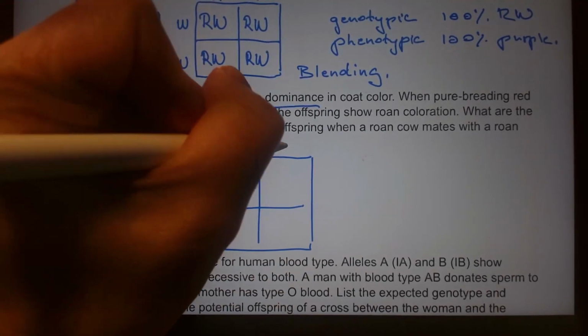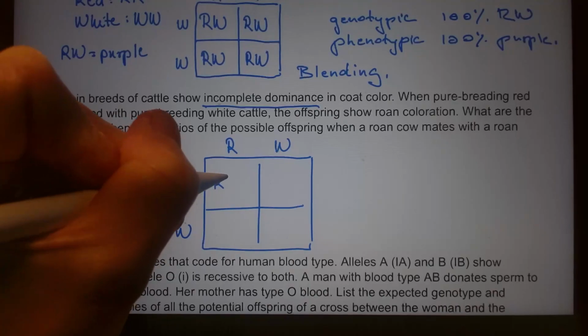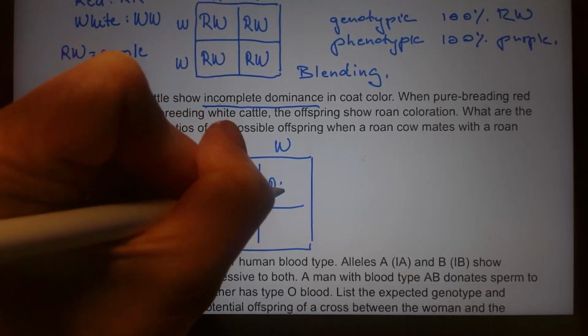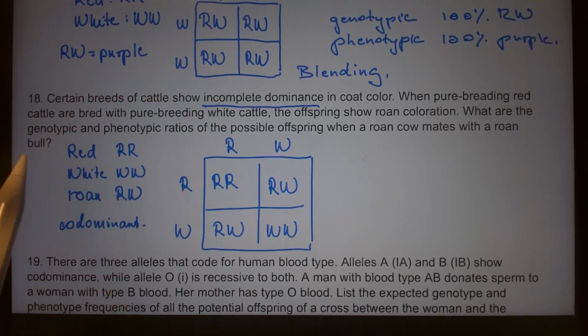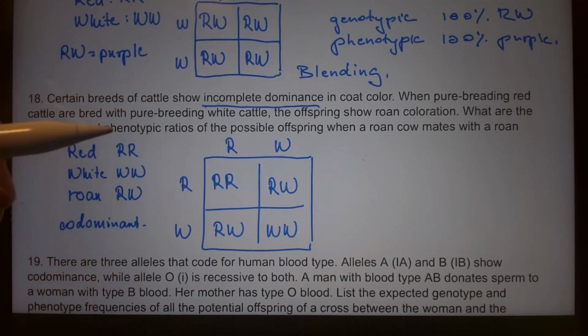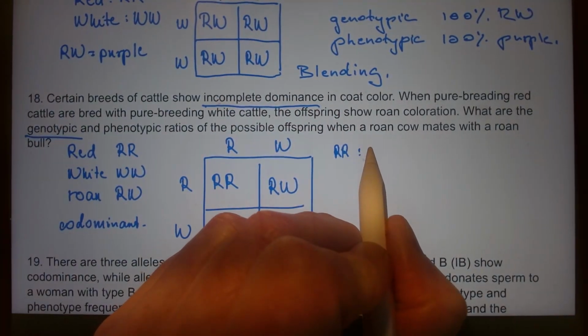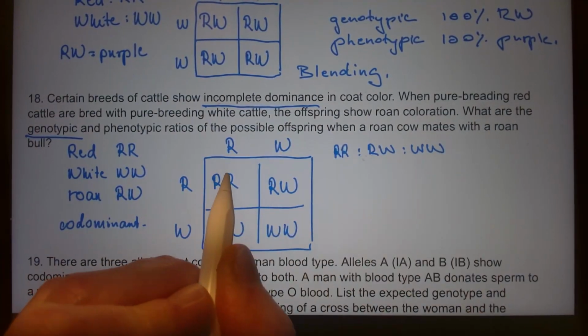We have the R and the W, R and the W. What we will see is the genotypic ratio RR to RW to WW is 1.